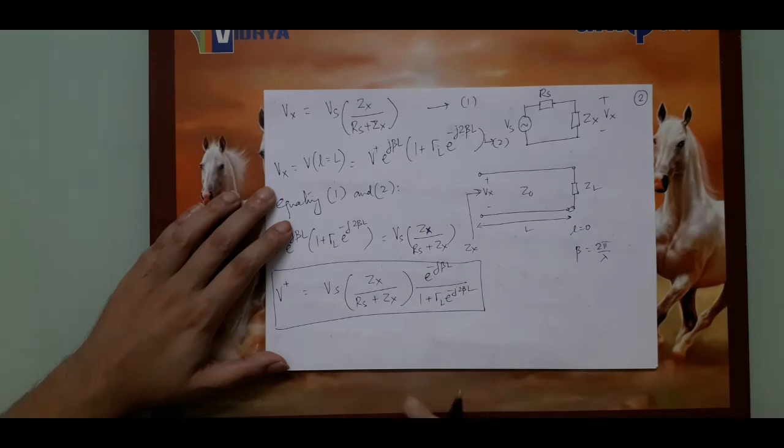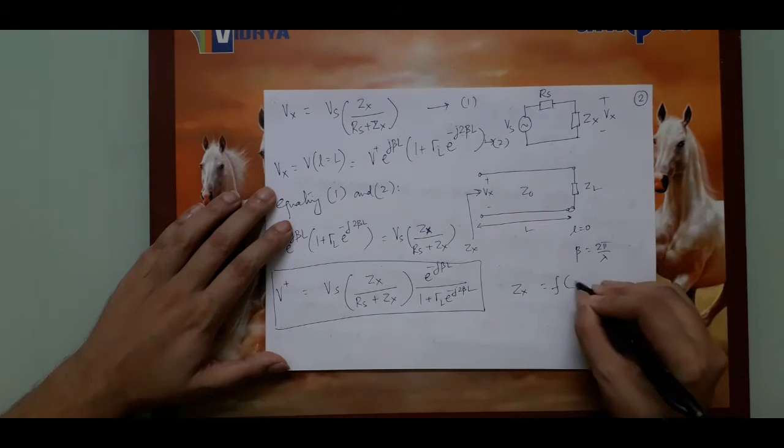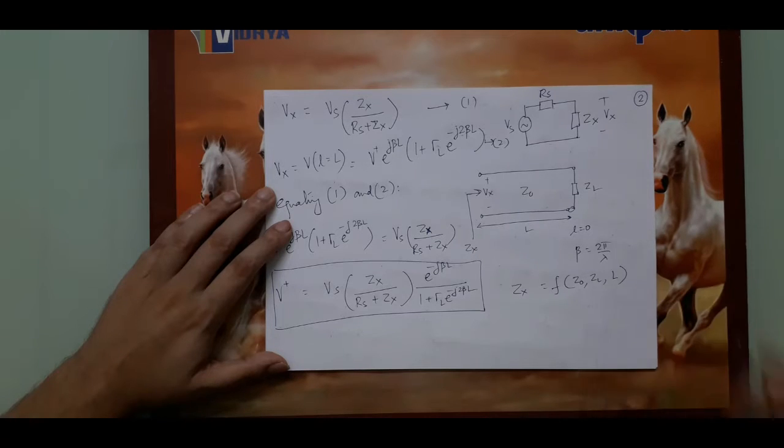You can very easily apply the capital L, beta, gamma L and Zx. So Zx is nothing but a function of Z0, ZL and capital L. So using this, you can easily find out.